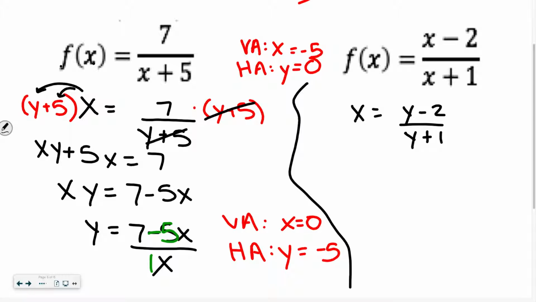You know how to cross multiply, right? So we probably want to move that up to the regular line of text. So we're going to multiply by y plus 1, or you can consider that cross multiplying. It's the same thing. If I cross multiply x times y plus 1, then I'll just be left with y minus 2 times 1, which is what happens.